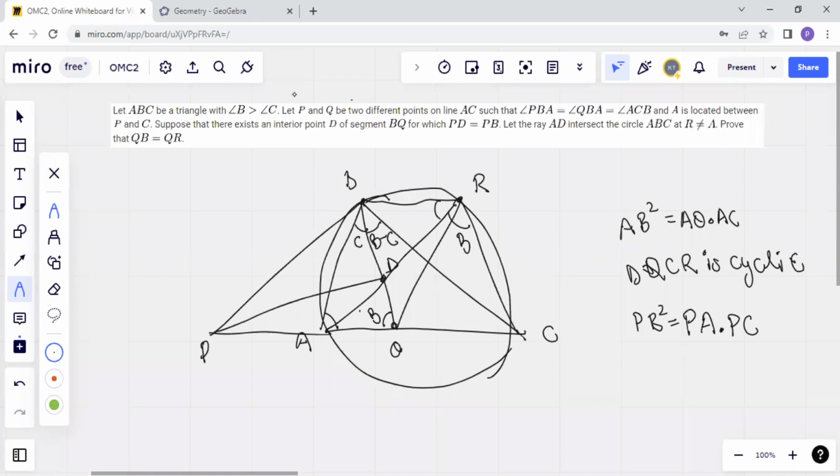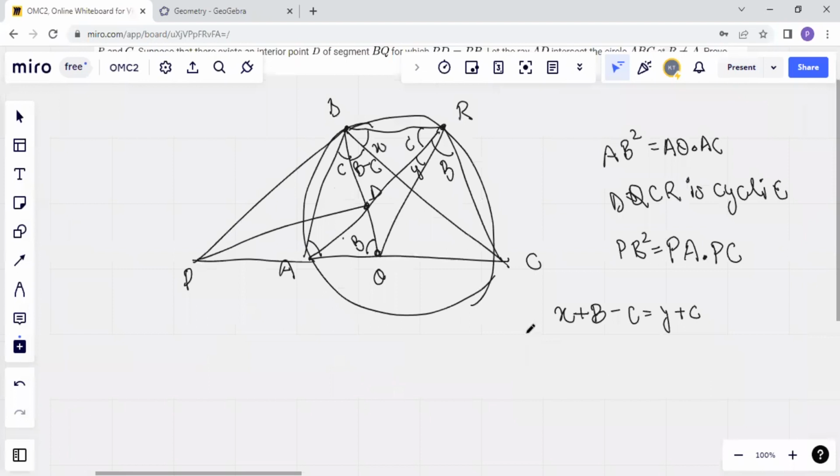This angle is C. So basically just label this angle Y and this angle X. We want to prove X plus B minus C is equal to Y plus C. We want this. Now how do we get this?